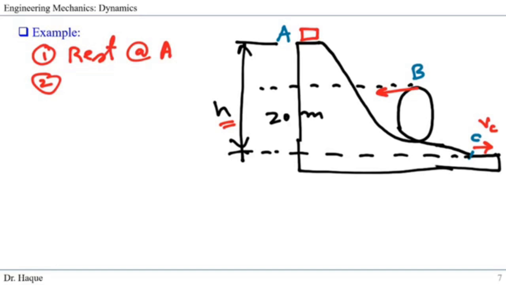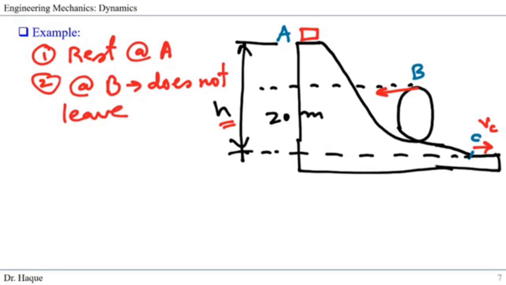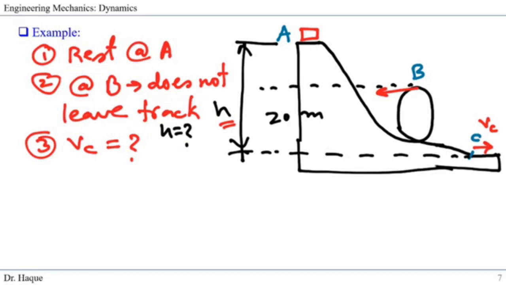So at point B, the box does not leave the track. The problem also says to find the velocity at point C. So what is VC, and what would h be, so that at point B the box doesn't leave the track?